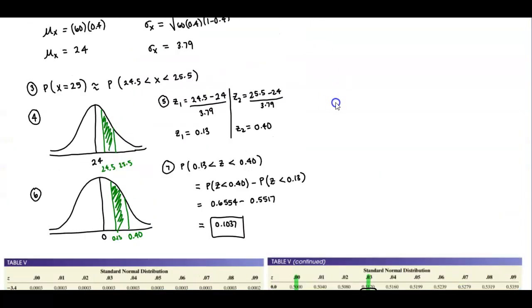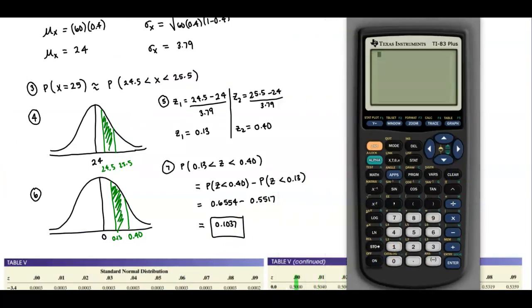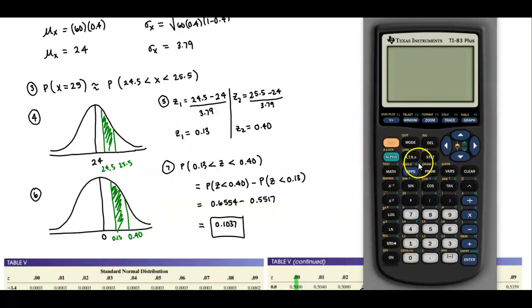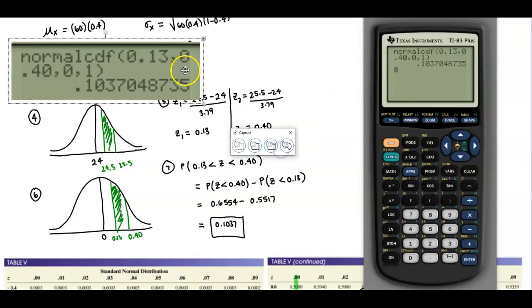Okay, and if we wanted to use the calculator to find the area in between those two, we would go to second distribution, and then normal CDF. We put in the lower bound of 0.13, the upper bound of 0.40, with a mean of 0 and a standard deviation of 1. Then we calculate that, and we should get the same area.